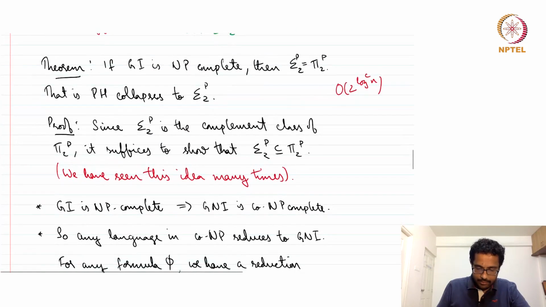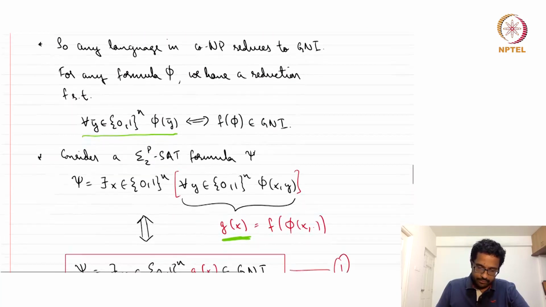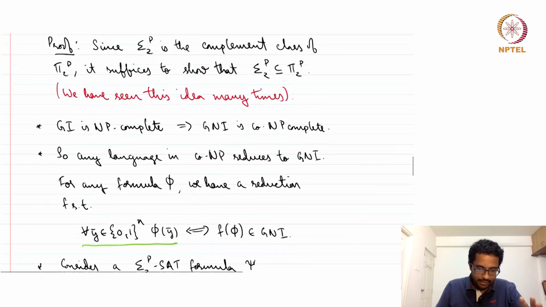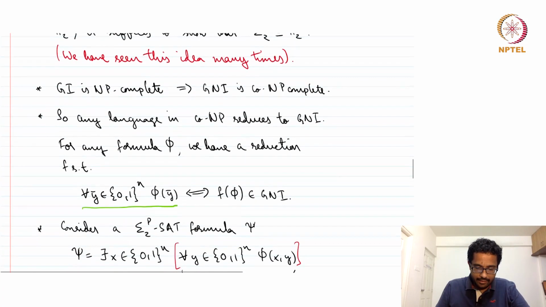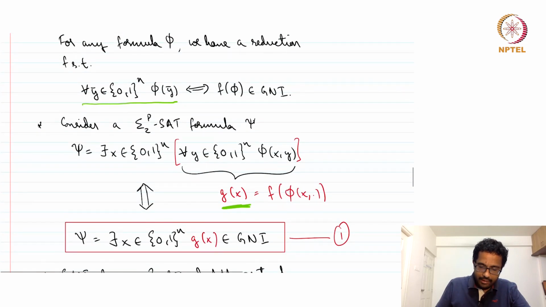Then we saw this theorem finally: graph isomorphism is NP complete implies sigma 2 is equal to pi 2. We started with an arbitrary language in sigma 2, which was psi, and since graph non-isomorphism is co-NP complete, the latter part, for all y, could be replaced by a graph non-isomorphism instance.